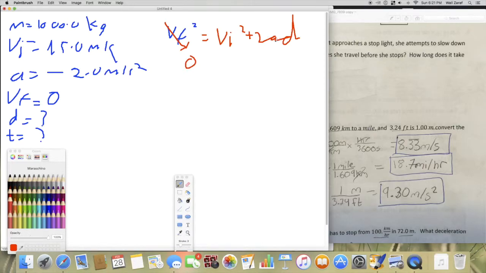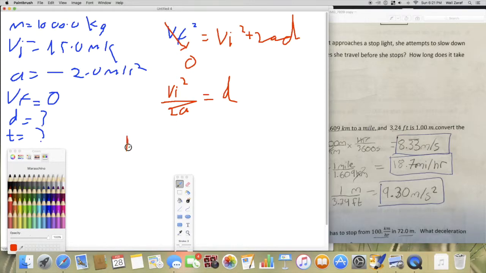So we have these two, we gotta get d by itself. Subtract Vi squared from both sides, and we get negative Vi squared. Divide by 2a to get d by itself, so we have 2a. So, this is our final equation. And we can use this to get d.